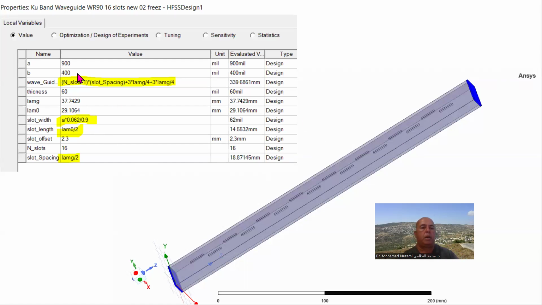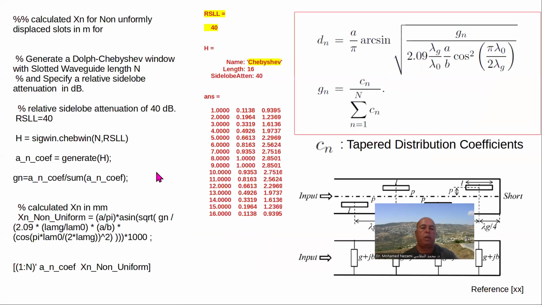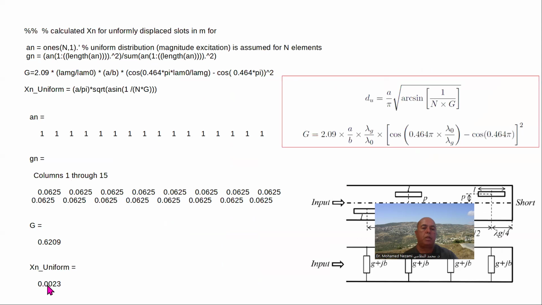So where I started, I plugged in all these equations, and this is for uniform distribution. The slot offset is equal for all of them. In this case, I solved it to be 2.3 millimeters, and that's right here. That's from this equation here.